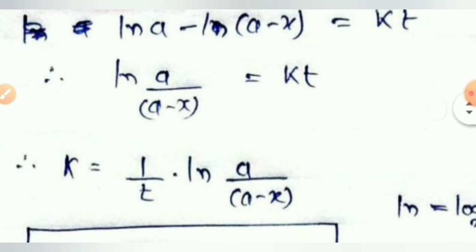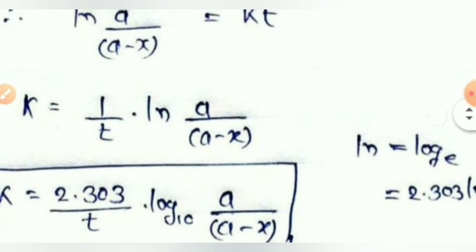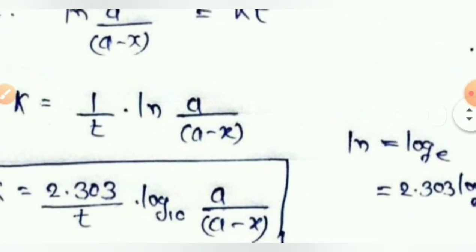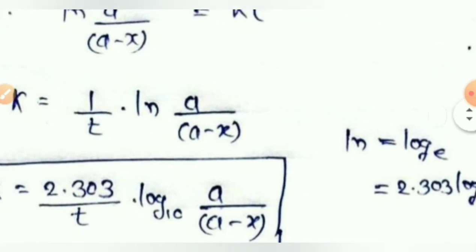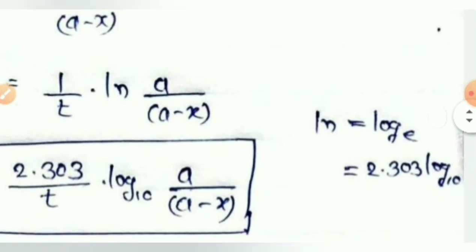If you want the value of k, we can write k equal to 1 upon t into ln of A upon A minus x. Now this ln is nothing but log to the base e, that is exponential. We can also write it in the form of log to the base 10 by just multiplying by the factor 2.303.